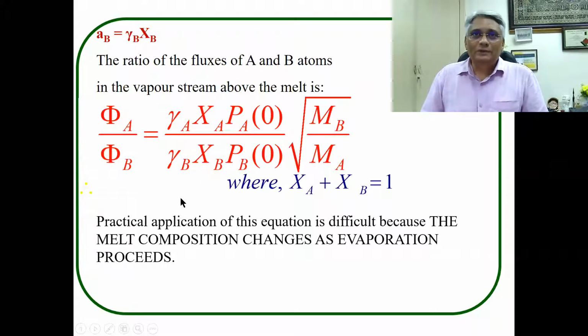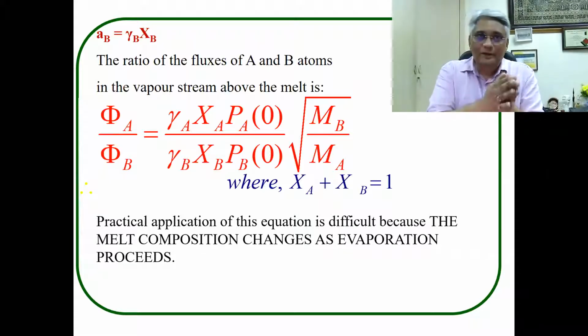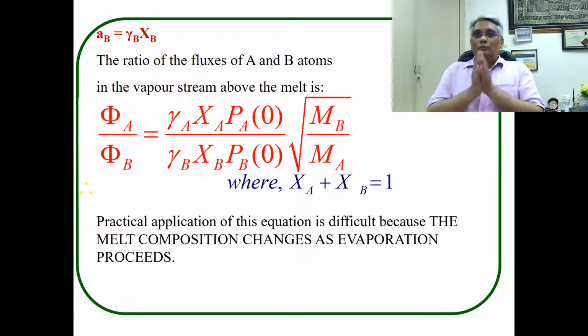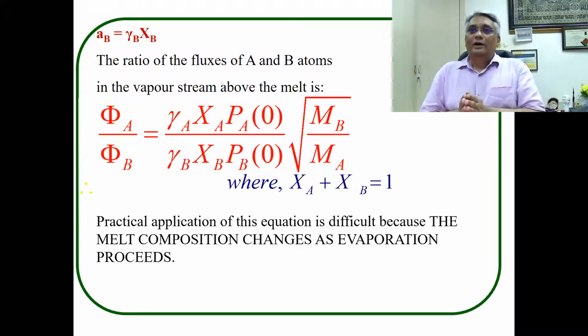A practical application of this equation is difficult because the melt composition changes as evaporation proceeds. Look, I have A, I have B. We don't have an ideal solution, right? Which means A and B are not evaporating at the same rate. So when they're not evaporating at the same rate, that means either A or B starts evaporating first.